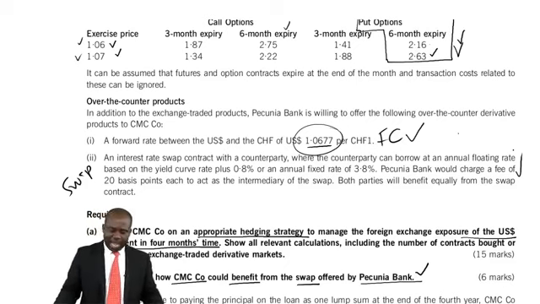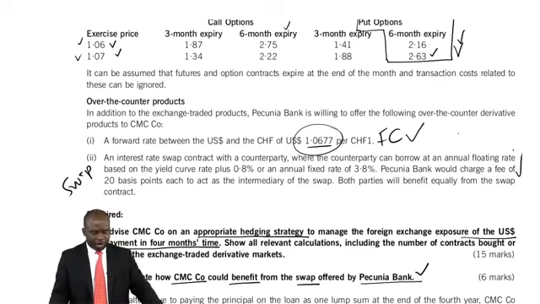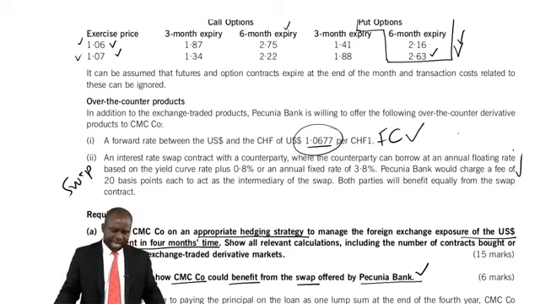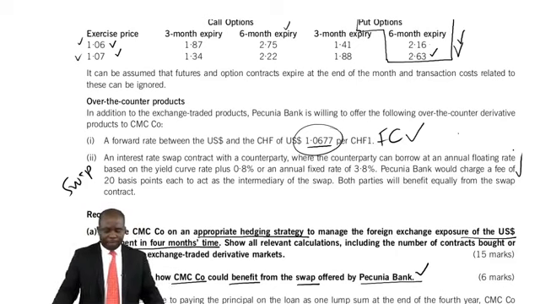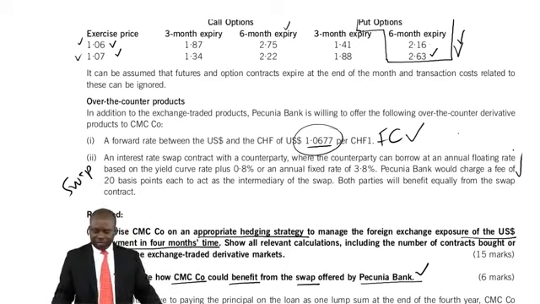Pecunia Bank will charge a fee of 20 basis points, which is 0.2%, each to act as the intermediary of the swap. Both parties will benefit equally from the swap contract.